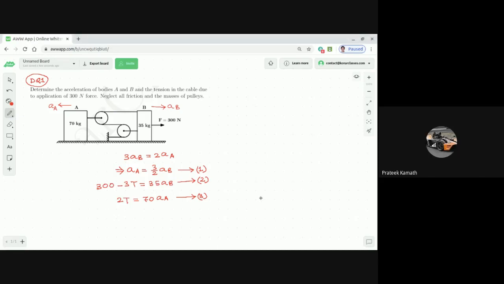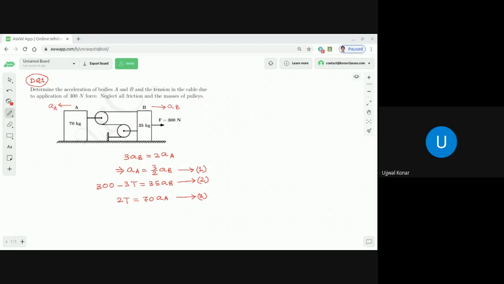Sir, acceleration of A is minus 2.34. Yeah, correct. Acceleration of B is 1.56. Correct. Tension is 81.8. Fantastic. Very well, you found it very well.